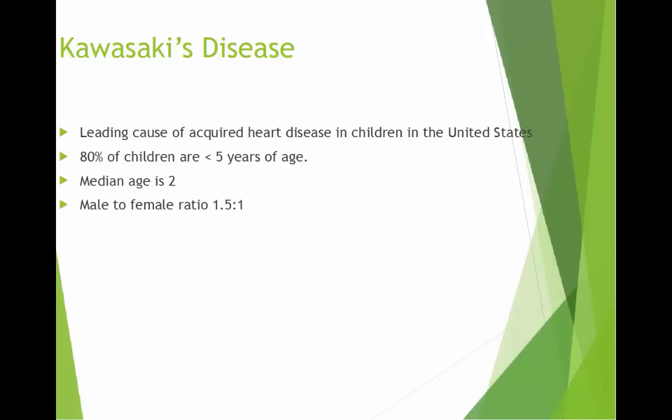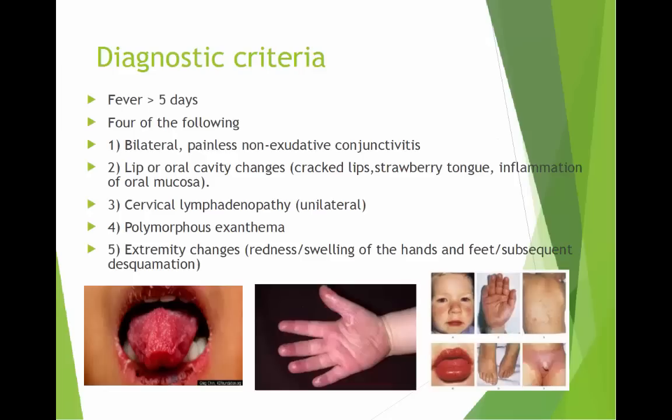The etiology is unknown, but the epidemiology and clinical presentation suggest an infection or an abnormal immunological response to an infection in genetically predisposed children. Always look for autoimmune diseases as a possibility.